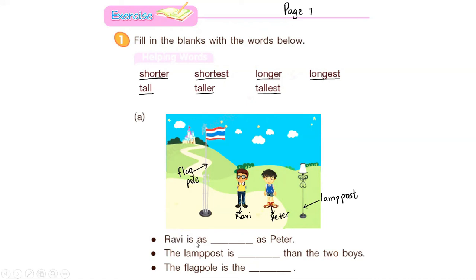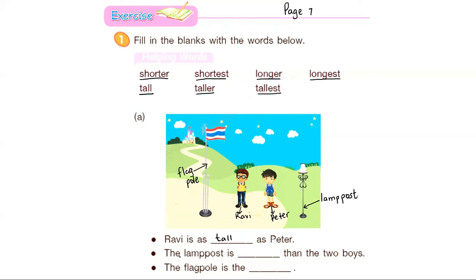Ravi is as dash as Peter. Now, when you look at Ravi and Peter, they have equal height. So we are going to say that Ravi is as tall as Peter.